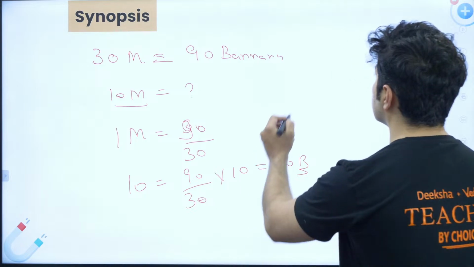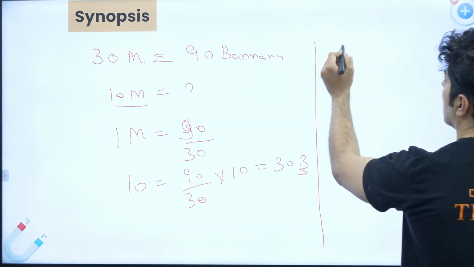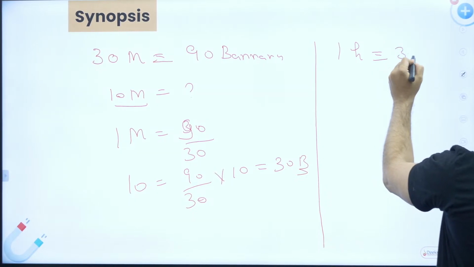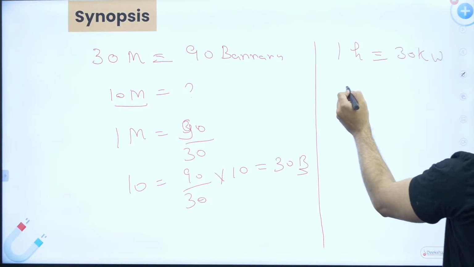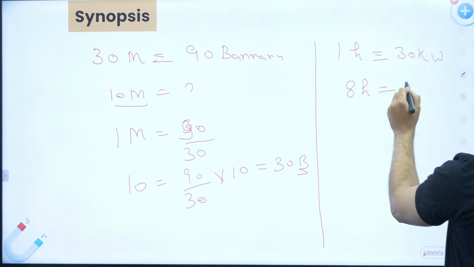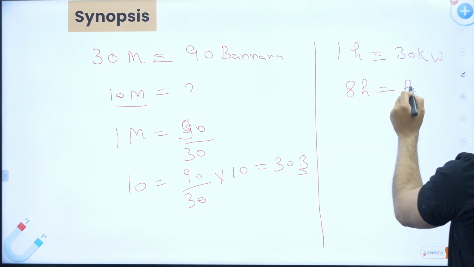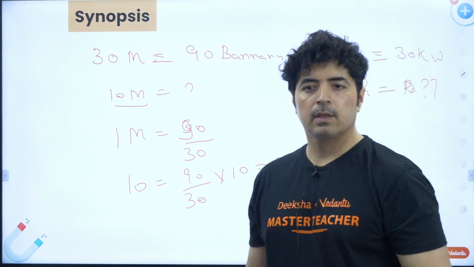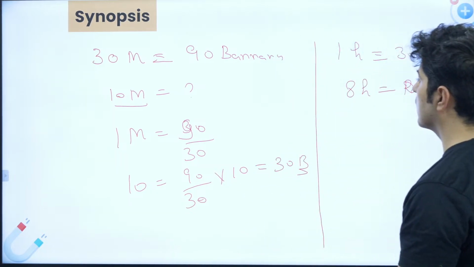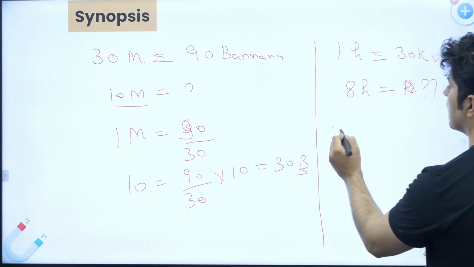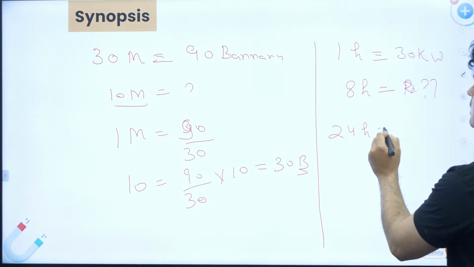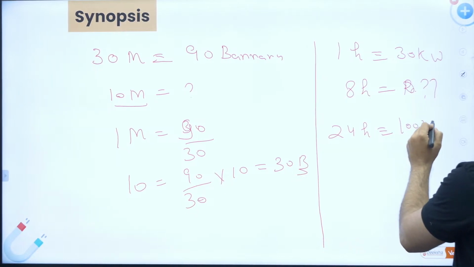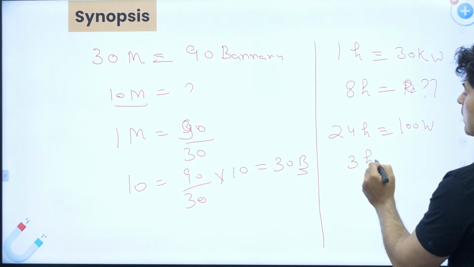How is it used? A question will be given as: in 1 hour power consumption is 30 kilowatt, in 8 hours what will be my power consumption? We just have to calculate that, same like the monkey problem. Another kind of question: in 24 hours your power consumption is 100 kilowatt, in 3 hours how much will it be?